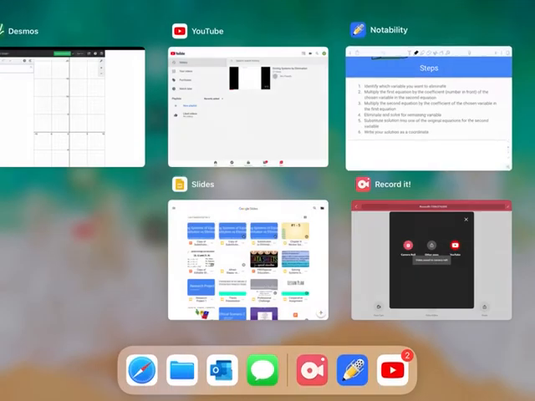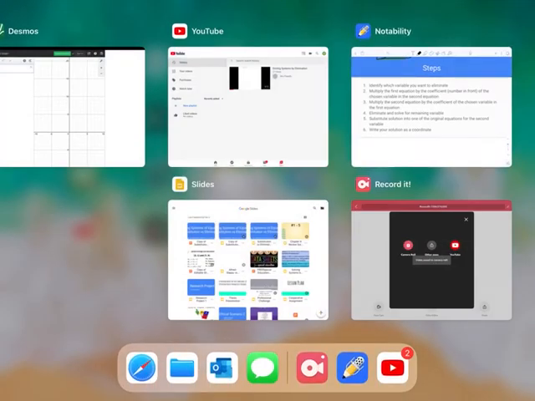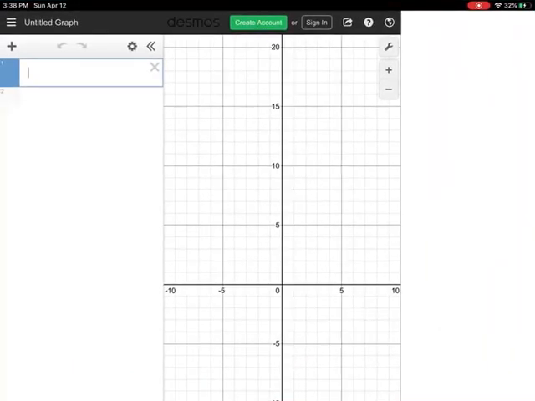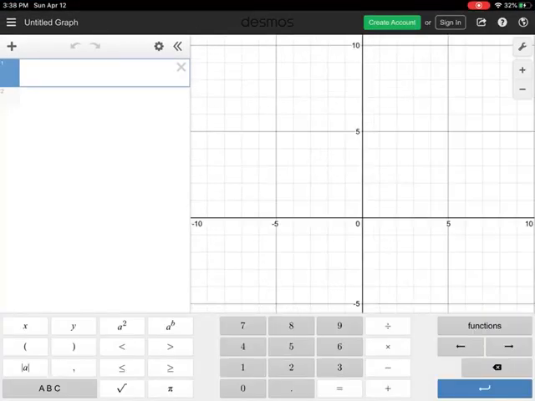So really quickly, I just wanted to show you, here we go, Desmos, that when you type in the equations into Desmos, negative 5x plus 5y equals negative 25, there's the first equation.